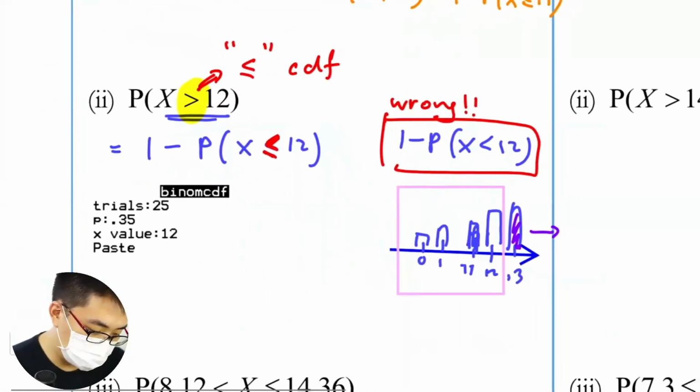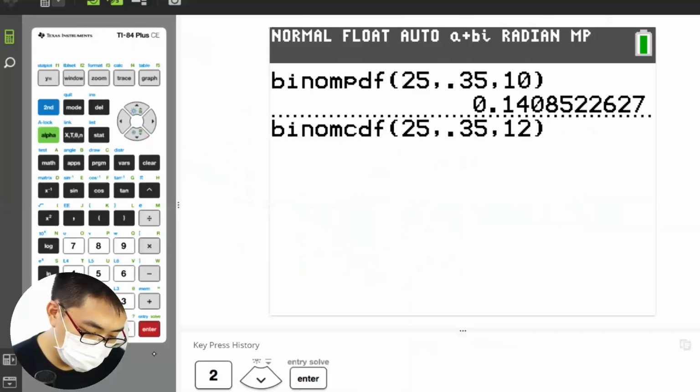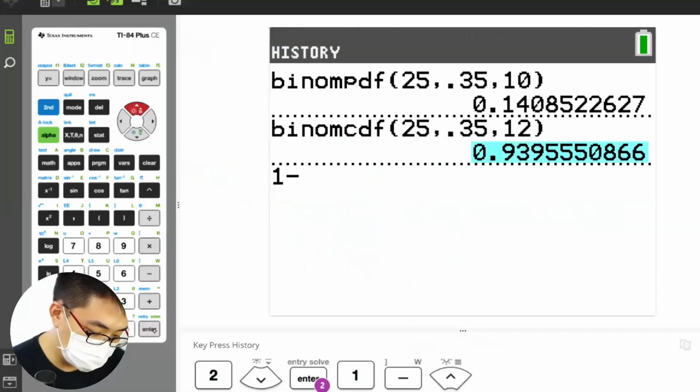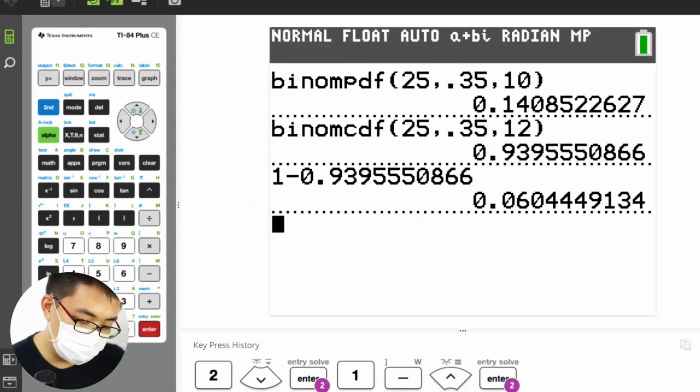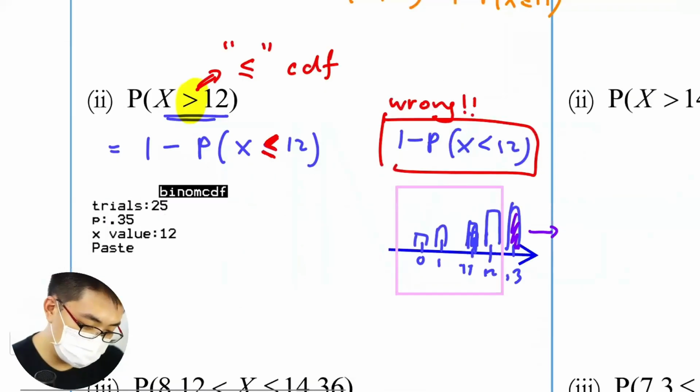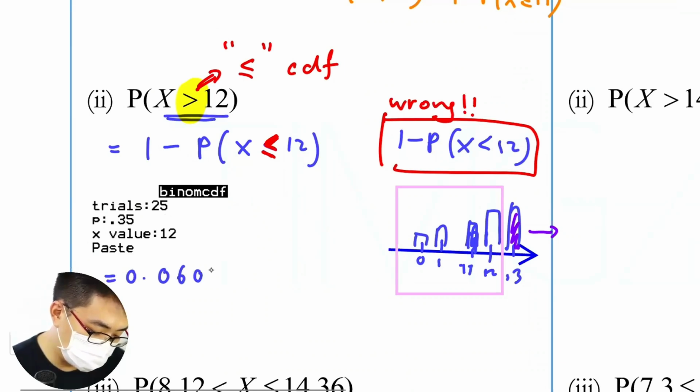So this will be 1 minus this answer here, 0.06044.